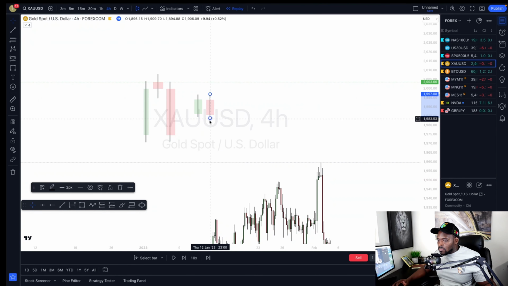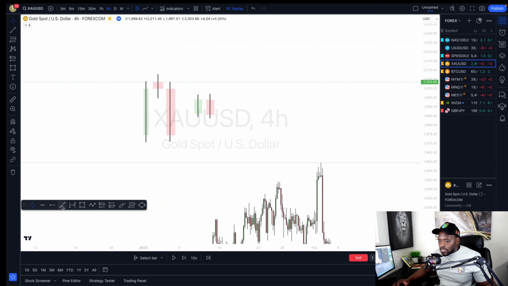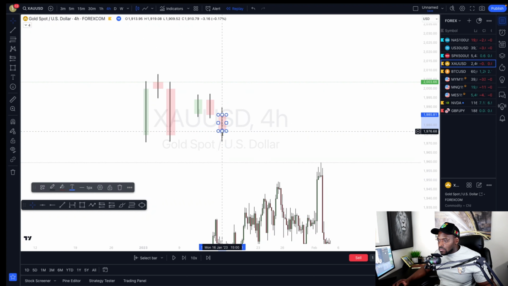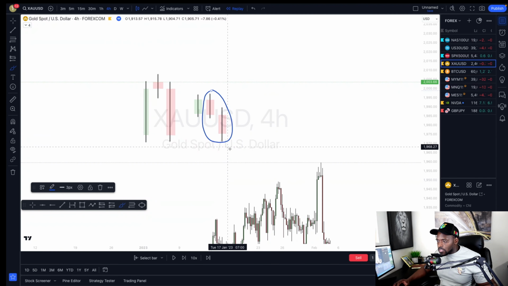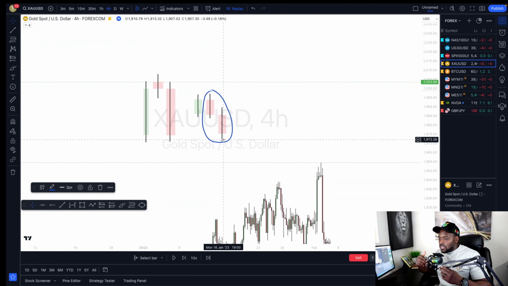Stretch this out. You've got the same thing, but then you've got another bearish candle. So then my entry signal is these 2 bearish candles. Okay. Those 2 bearish candles, right?